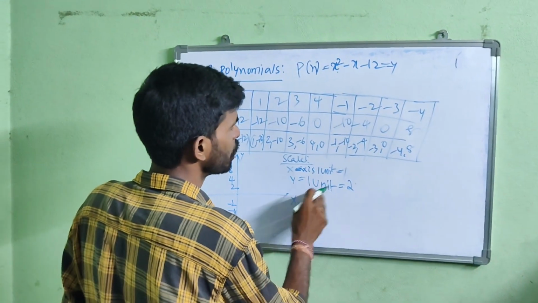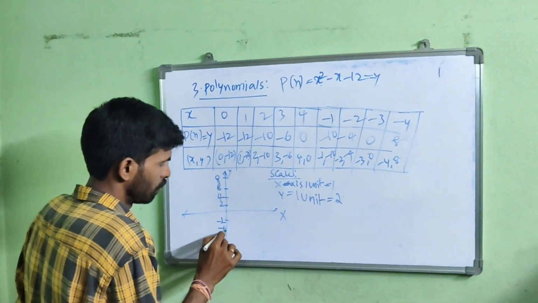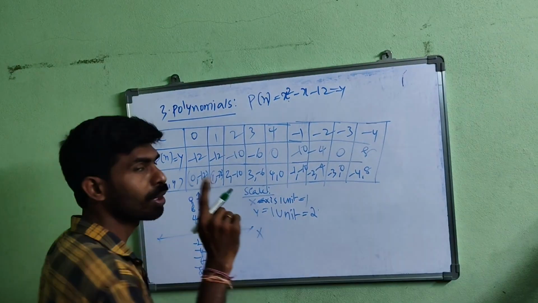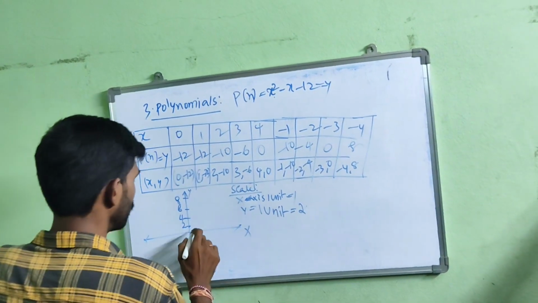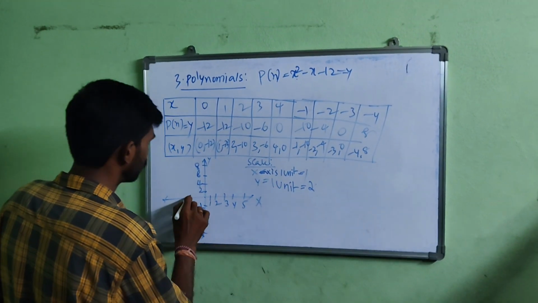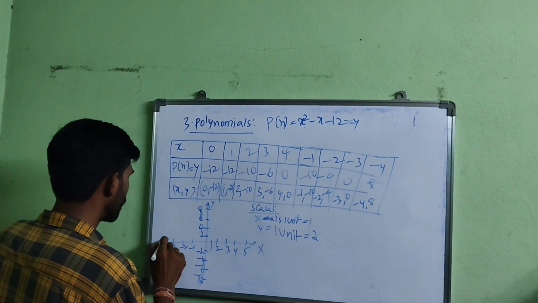Here we are assuming 1 unit is equal to 2 on the y-axis. On the x-axis 1 unit equal to 1, and 1 box in the graph equal to 1. That's why 1 2 3 4 5, -1 -2 -3 -4.